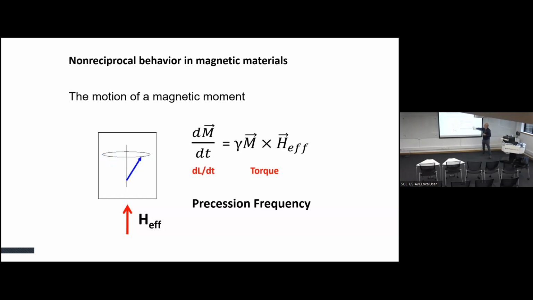So you have something really simple, and the frequency at which this thing goes around is, it's more complicated, but basically proportional to the effective field. So you can have this at different frequencies depending on what's creating your field. Okay, so this is where the handedness comes from, and the sense of direction comes from, this sense of precession that only goes one way.